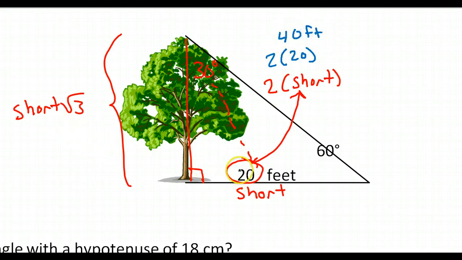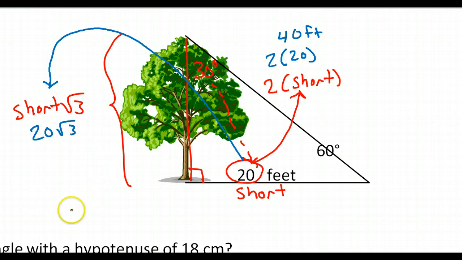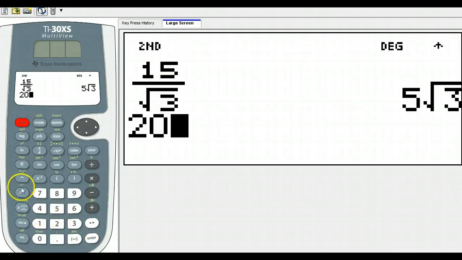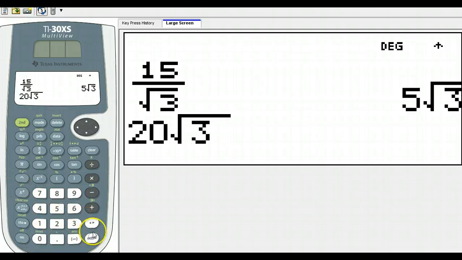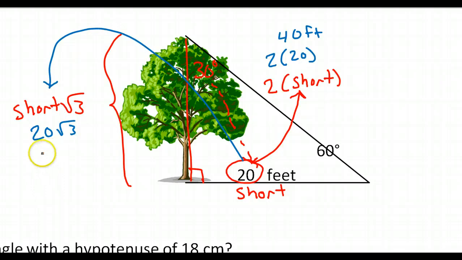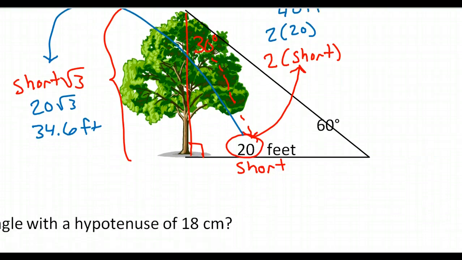But over here, if I plug it in, that's going to give me 20 radical 3, which as a decimal is approximately 34.6. Now, what were they actually asking us?